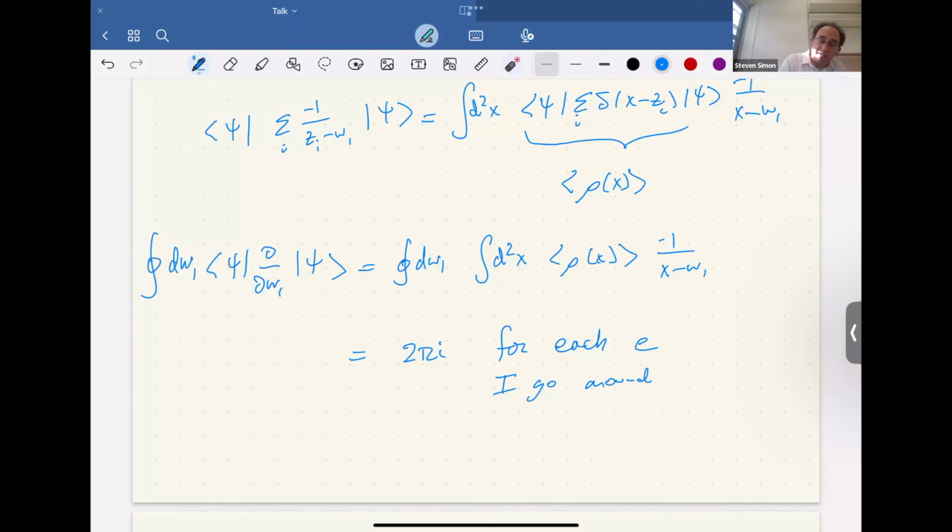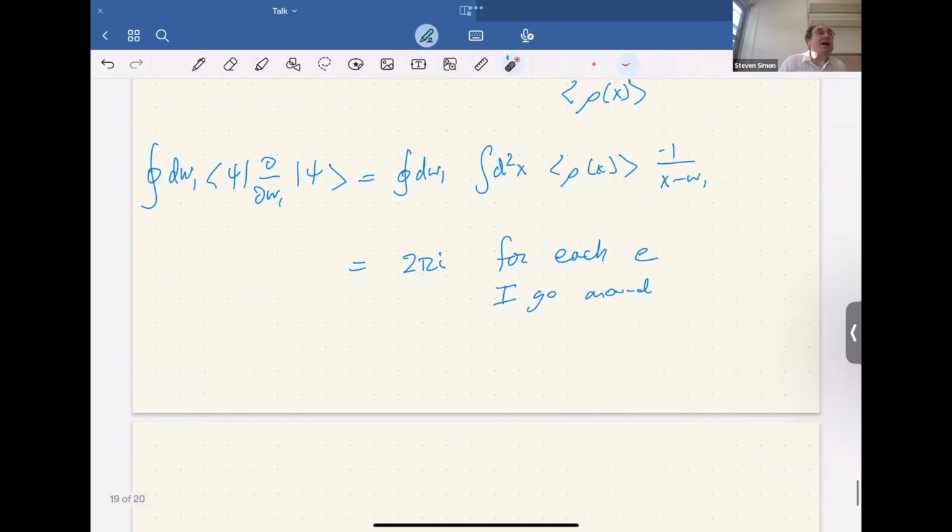So here you're integrating over the density, and you have a loop. If w goes around x, you pick up a 2 pi I, and for each electron inside that loop, you pick up a factor of 2 pi I. It's really a sum over delta functions, okay?